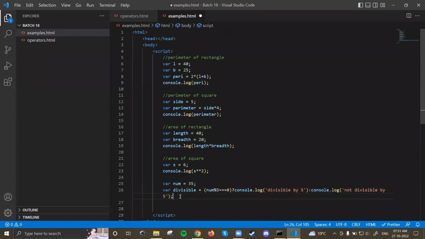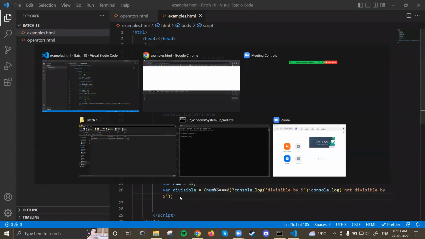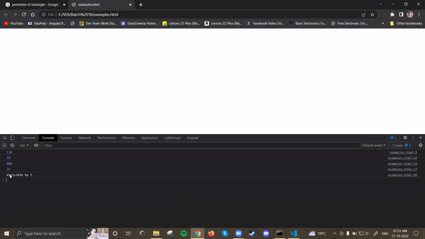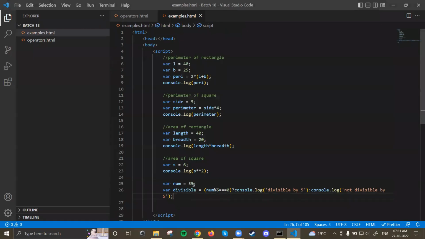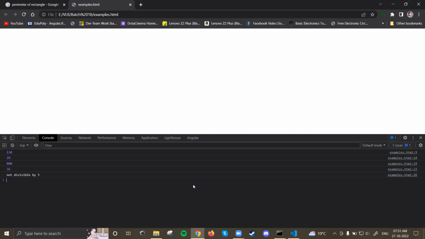Now let's check this. We are getting divisible by 5, because the remainder is 0. The moment I make it 36, what will happen? We are getting not divisible by 5. So this way you can check whether a number is divisible by a given number or not.